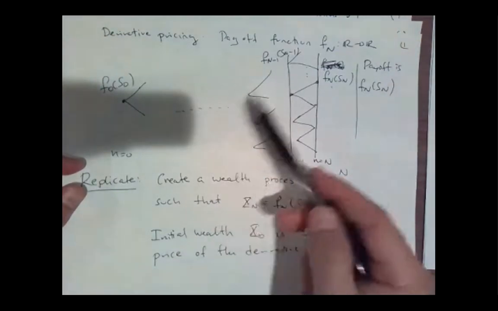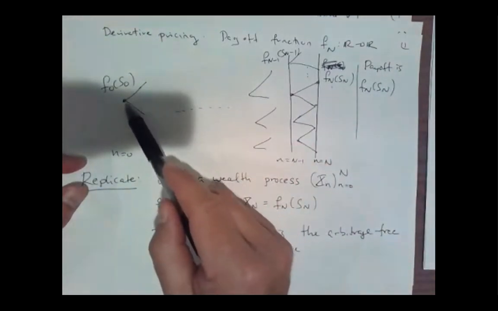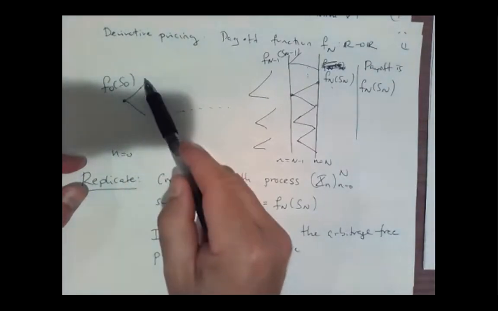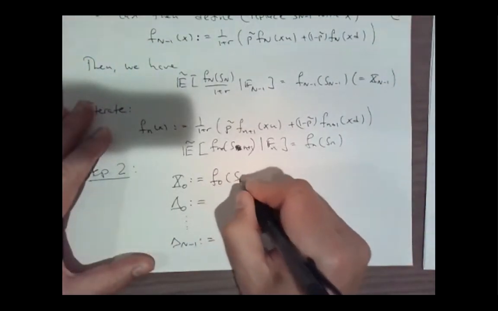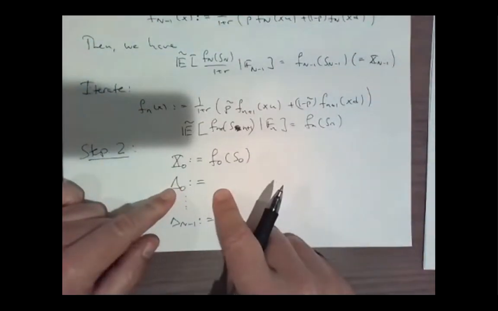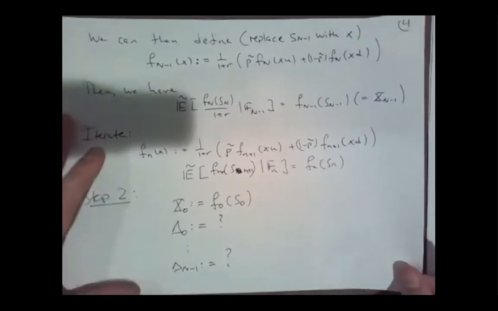So what should be the initial wealth? Well, it should be the thing that you have out in the root. So the initial wealth should be this quantity here. Now what about this one and all the other ones? This is more difficult and not so obvious, but we can figure it out.